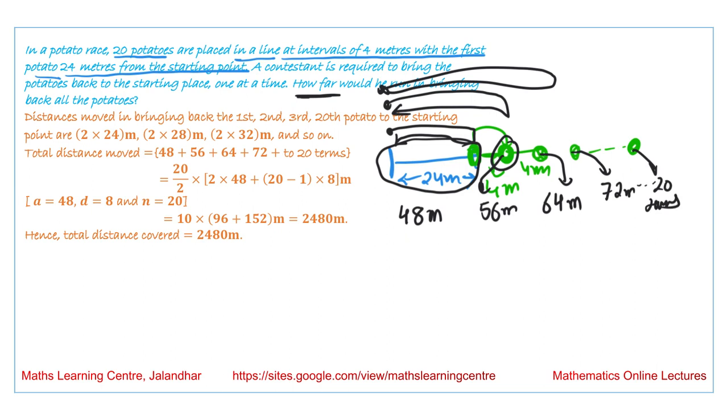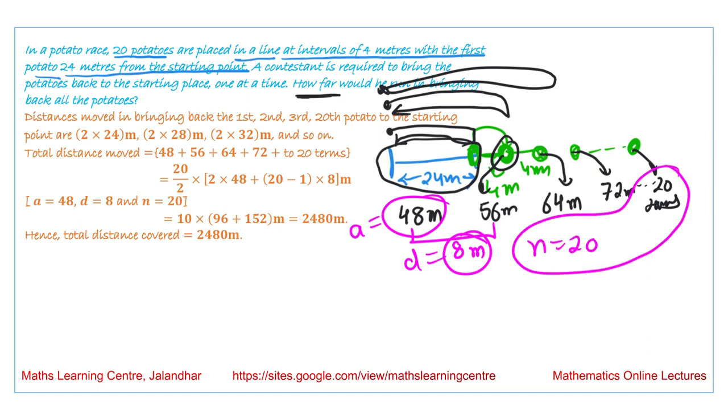The common difference in this case is 56 minus 48, that is 8 meters. This is D, the value of A is 48, and the value of N is 20, as there are total 20 terms.